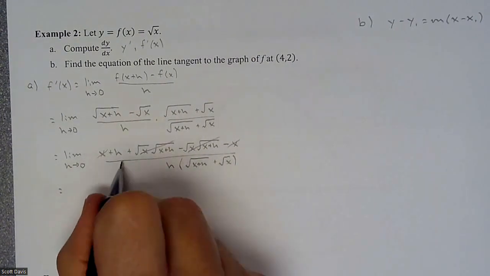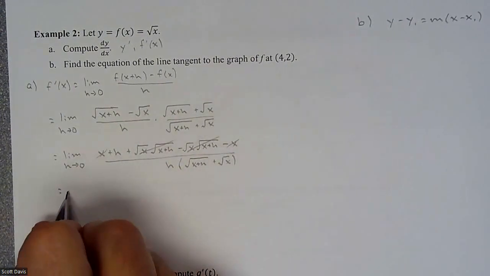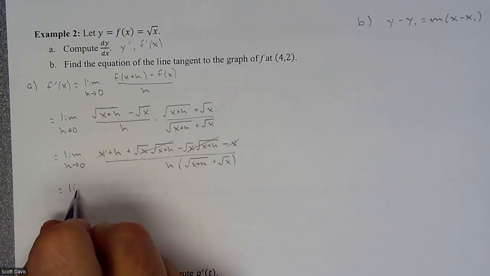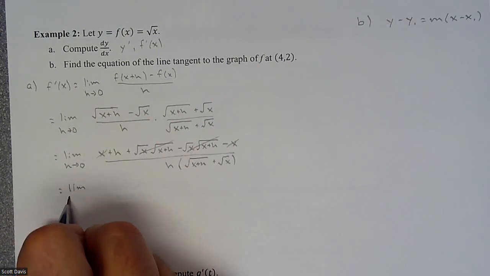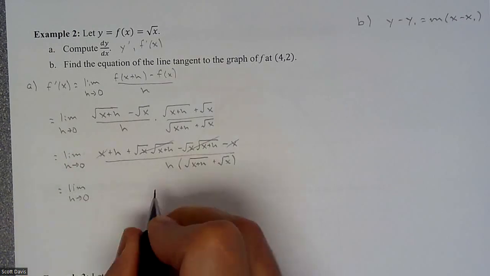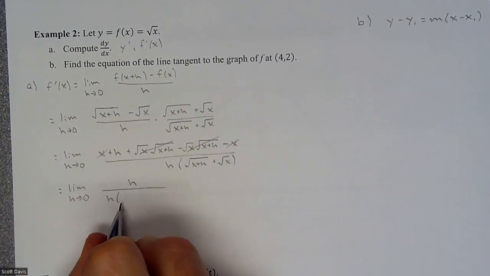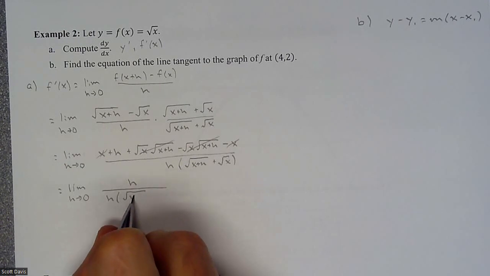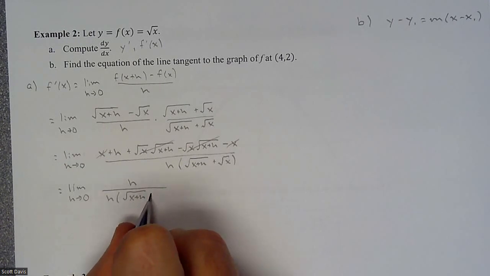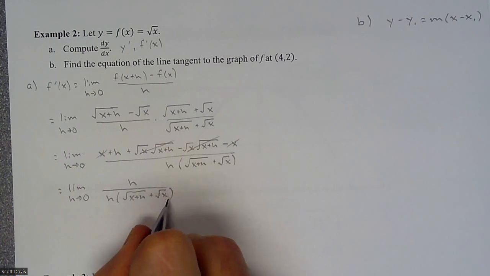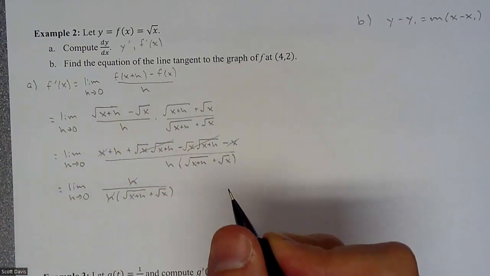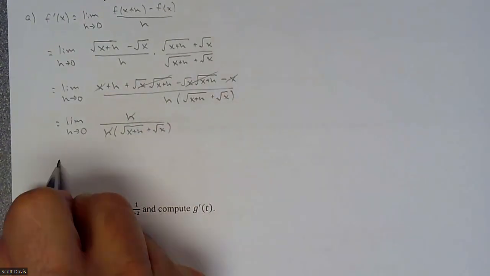And then what you should just have is an h on the top. Anything without an h should be going away. All right, so we have an h over h times this conjugate piece, square root of x plus h plus square root of x, and then the h's go away. Okay, so the h's go away.